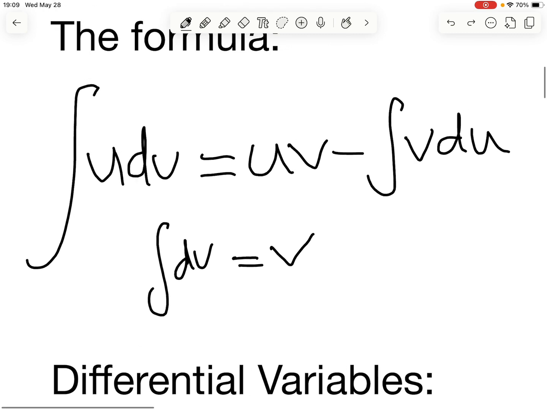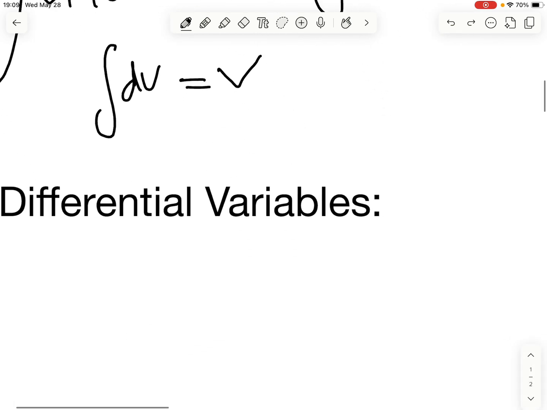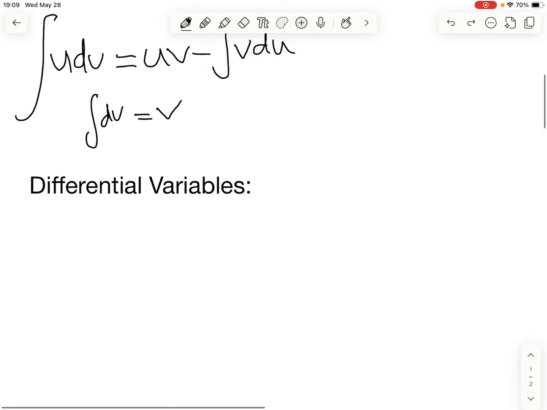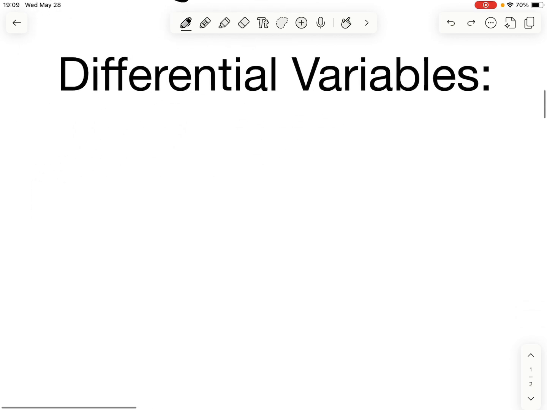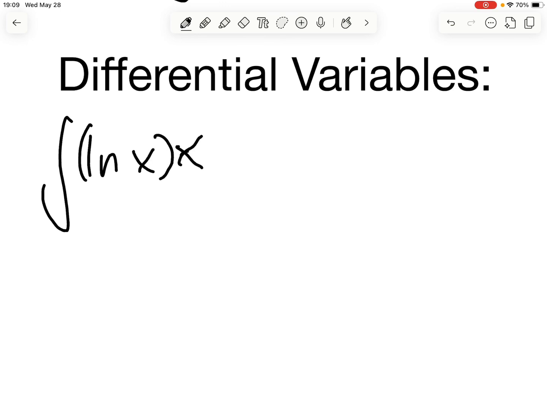So you can start to see some openings in which we can poke some holes in some integrals using this. Now to move on a little bit, let's actually start applying this to that function we just had here. So let's try integrating ln x times x dx.